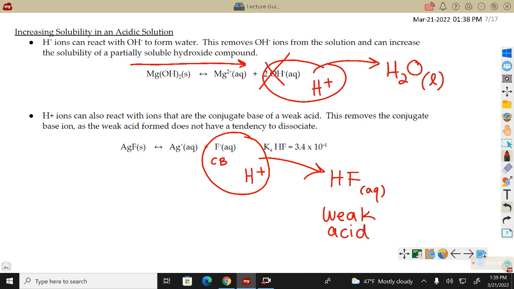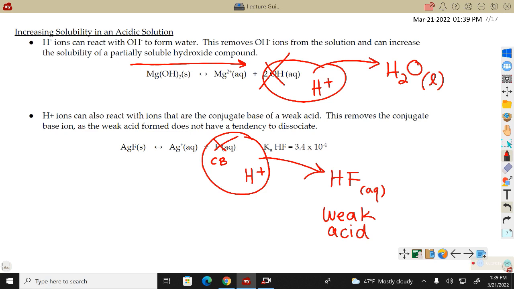So it is a way of removing that fluoride ion from the solution. We could form a precipitate, a solid, that would remove an ion. We could form liquid water, that would remove the hydroxide. Or we could form a weak acid.